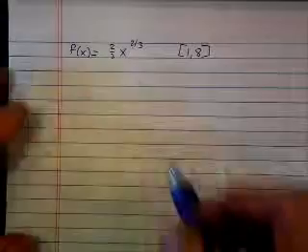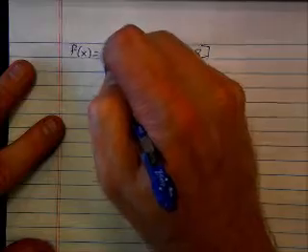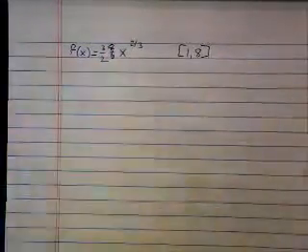I said 3/2, but I wrote 2/3. Should be 3/2. So there's our function. Our function is f of x equals 3/2 x to the 2/3, and the interval we're given is 0 to 1. We want to know the arc length.